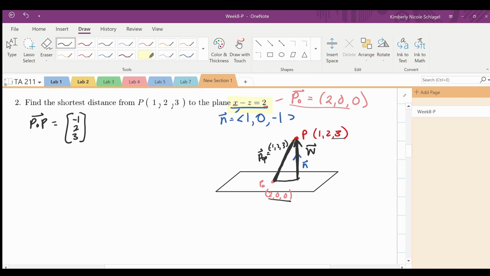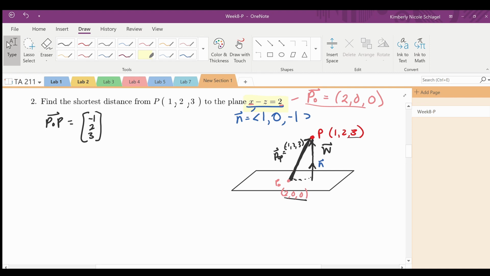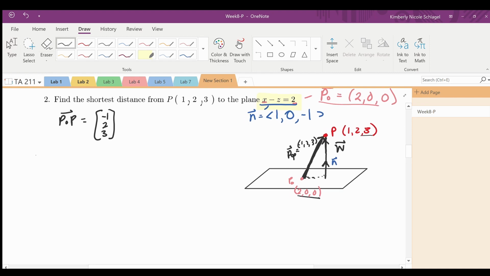So we're projecting our P0P this way onto our normal vector, and that gives us our vector W. So I'll write the projection of P0P onto our normal vector, which gives us our W.